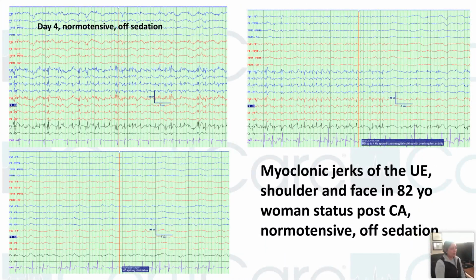However, this particular EEG, taken 4 days after cardiac arrest, with the patient at normal body temperature and absolutely no sedation, shows discharges appearing on the parasagittals, which is a hallmark of Lance-Adams syndrome. And gradually the spiking diminishes, but you can still see some of it appearing at the midline.